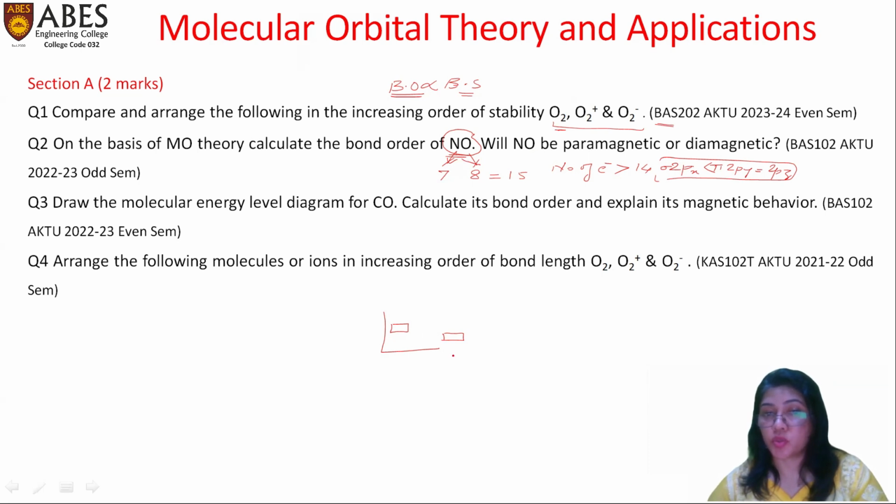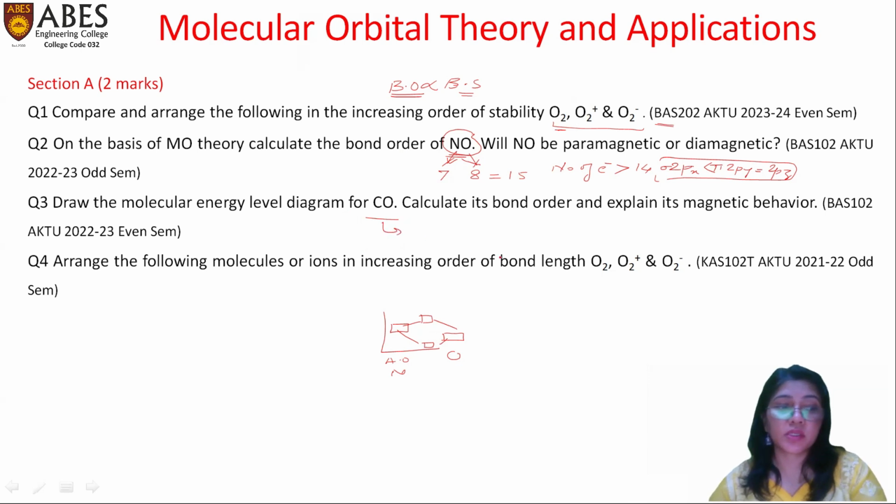So this will be the atomic orbital of oxygen, and this will be the atomic orbital of nitrogen. And we will make the bonding molecular orbital lower than the oxygen atomic orbital, and the antibonding molecular orbital at higher energy. Similarly, we will be making the CO molecular orbital diagram.